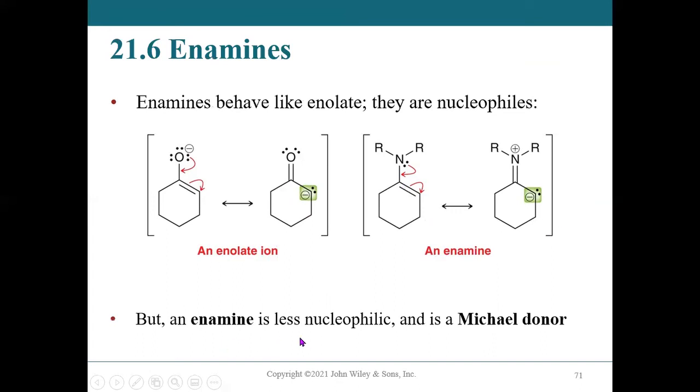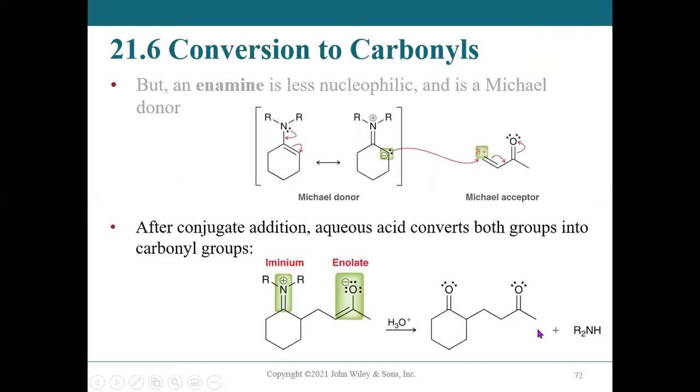But an enamine is less nucleophilic and is a Michael donor. So after conjugated addition, we use the enamine as the nucleophile to attack some of those alpha beta unsaturated carbonyls.